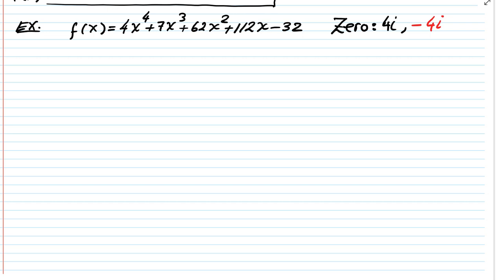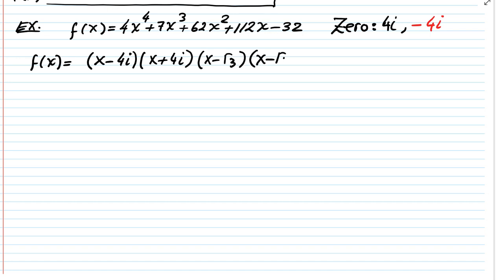So let's write this. F of x is going to equal, I'm going to write it as parentheses x minus 4i, and then x plus 4i, right? And then we have x minus the 3rd root and x minus the 4th root.